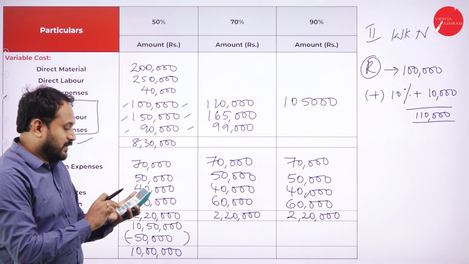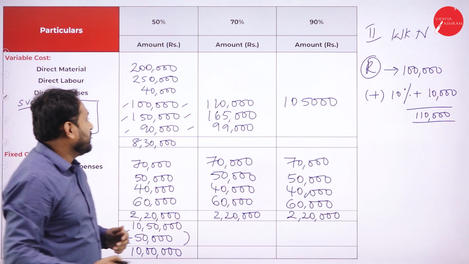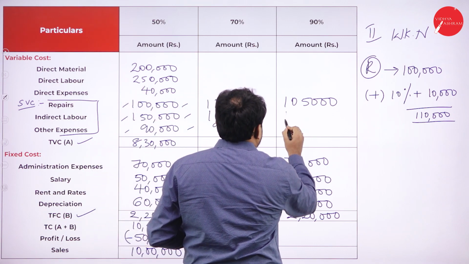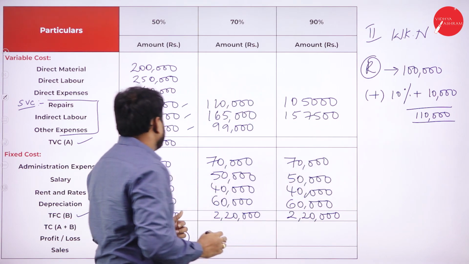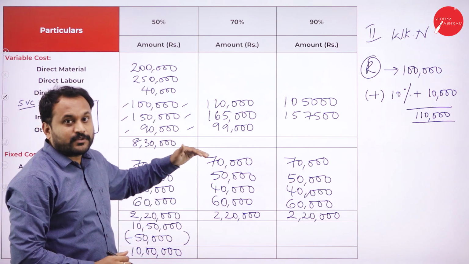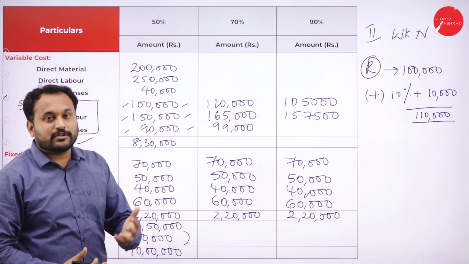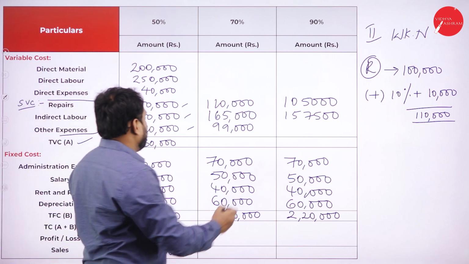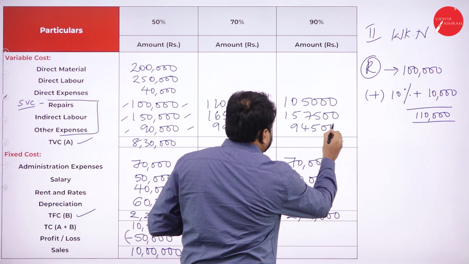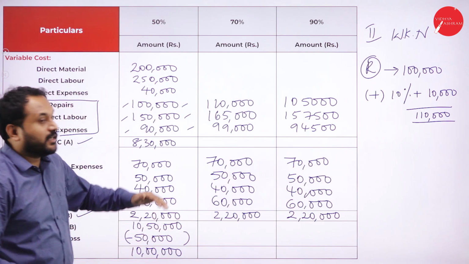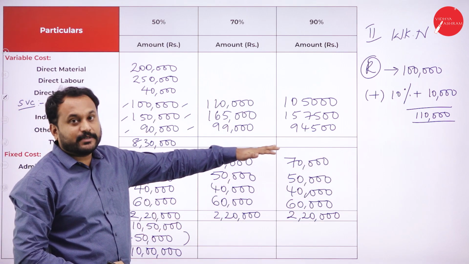So you are supposed to add, 1 lakh 57,500. Now you have 90,000. Now 5% in the sense 4,500. So if you add it, 94,500. So this is what the semi-variable for 90% is.